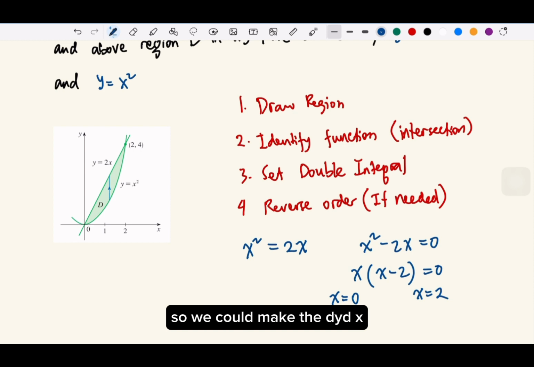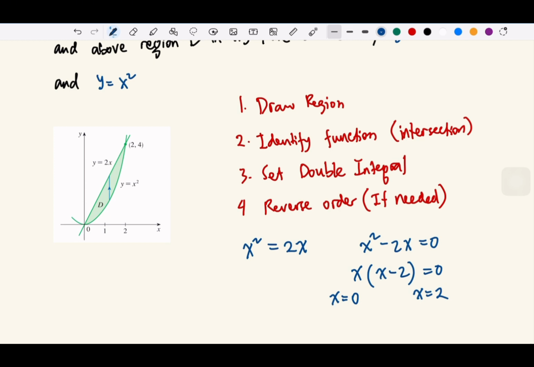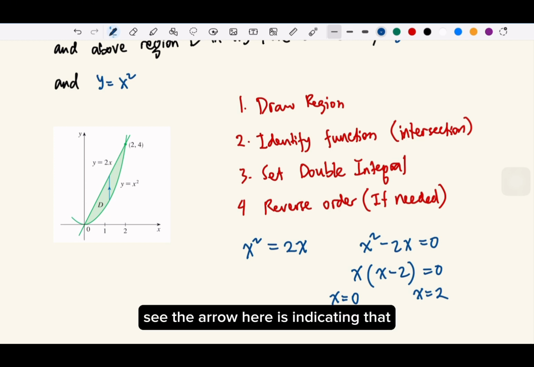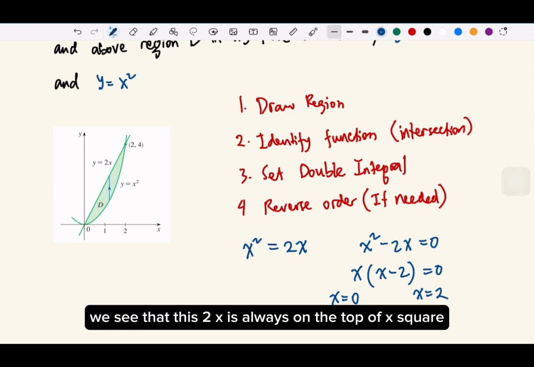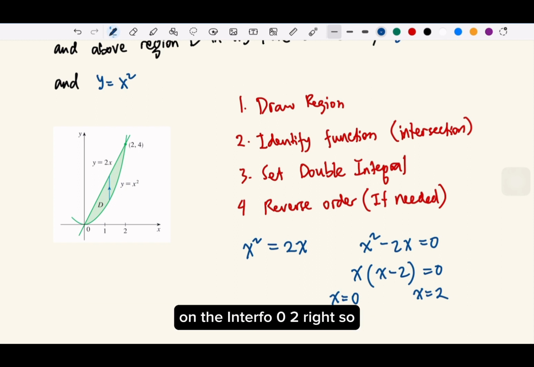So we could make it dy dx. Right? We can set this up as dy dx because the arrow here is indicating that you can just imagine a rectangle or line that moves from 0 to 2, and it moves perfectly fine. So in every interval we see that this 2x is always on the top of x squared on the interval 0 to 2, right?